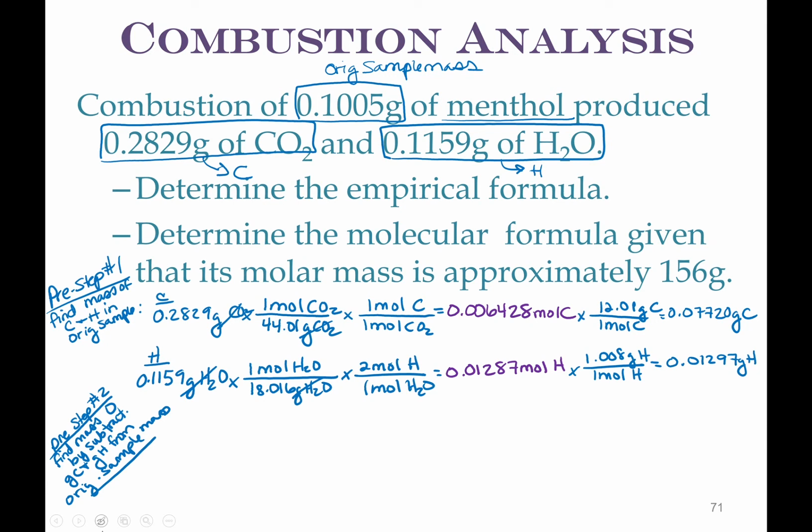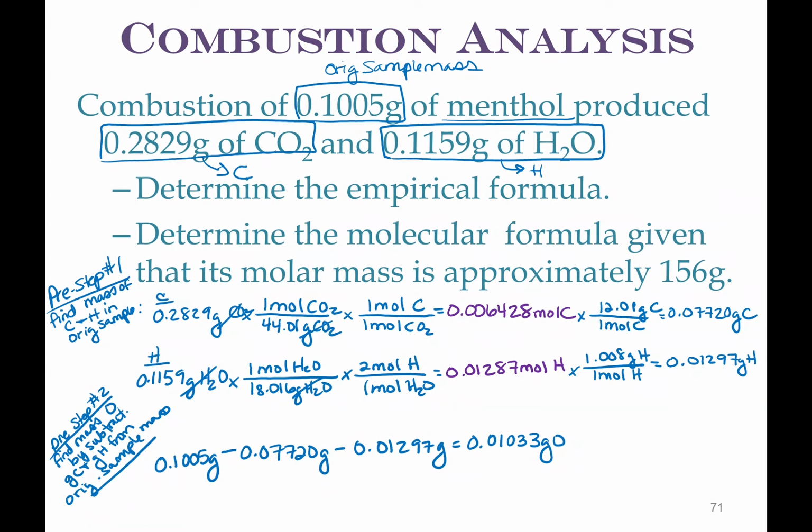So 0.1005 grams of original sample mass, subtracting 0.07720 grams, minus 0.01297 grams. Please be careful, those zeros are easy to drop. We get 0.01033 grams of oxygen in the original sample.